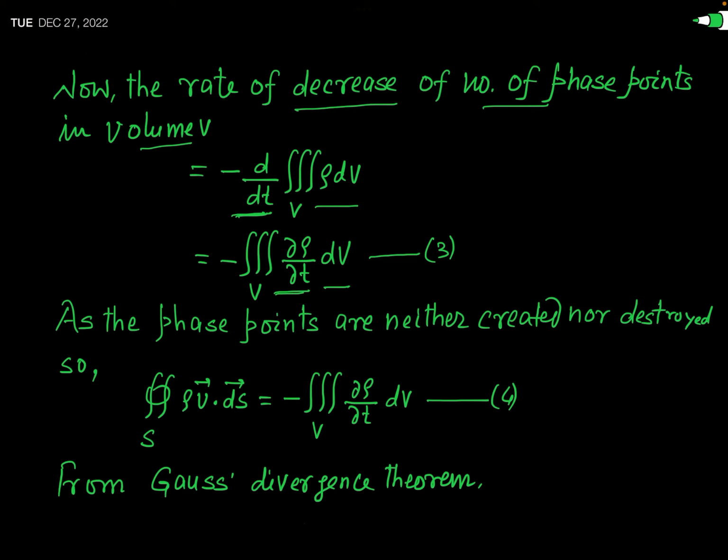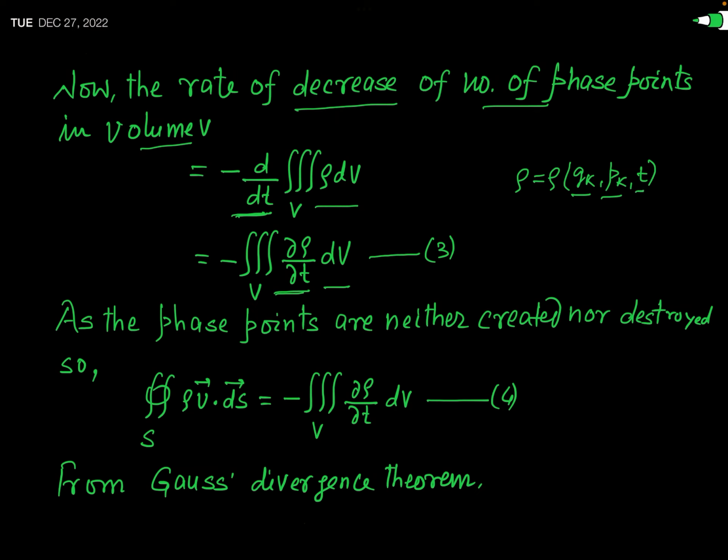Because you know that this density distribution function rho is not only a function of t, but a function of 2f plus 1 independent variables. And what are these 2f plus 1 independent variables? Rho depends on qk, and qk has f values. Rho also depends on pk, and pk also has f values. And apart from these two, rho is a function of t.